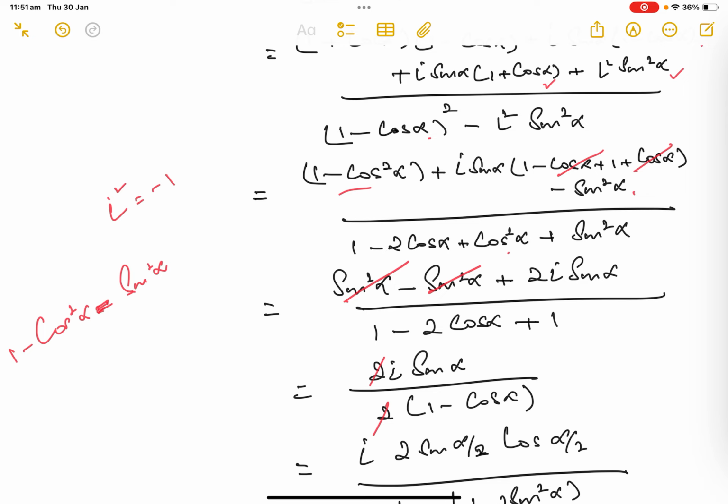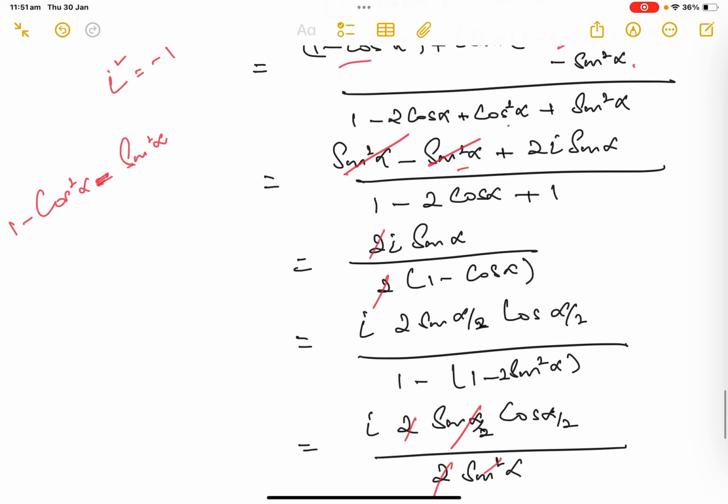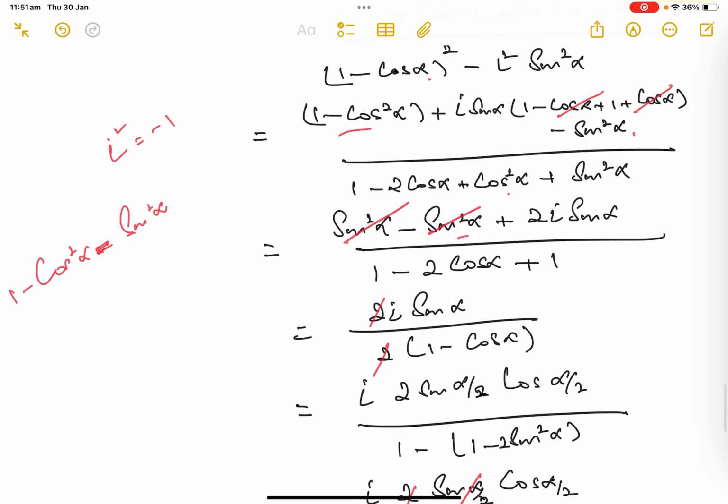So it is i times 2 sin alpha, with the sin squared alpha cancelled out, 2i sin alpha left. In the bottom, cos squared alpha plus sin squared alpha is 1.